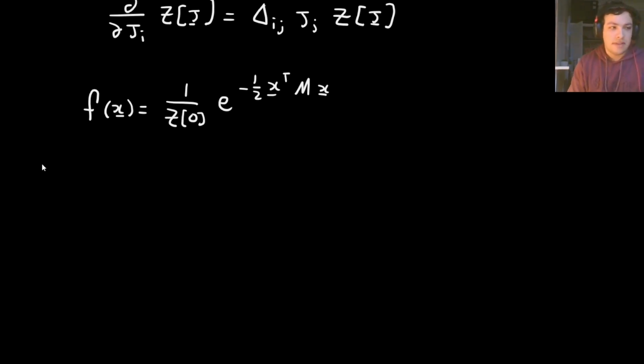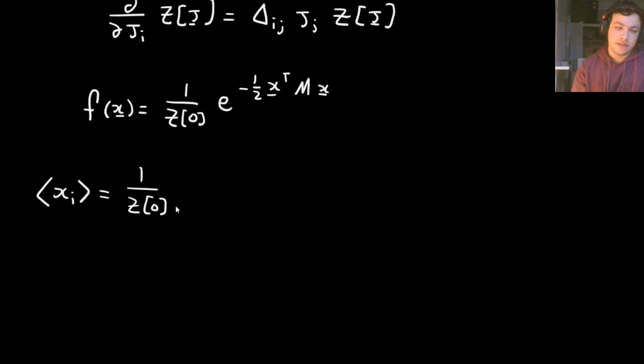If we now, what do we want to get from our probability distribution? We probably want to get expectation values. Everything really can be pulled out of expectation values. So let's start by looking at the expectation value of x_i. This is going to be 1 over Z_0. That's our normalization to get rid of the square root thing.